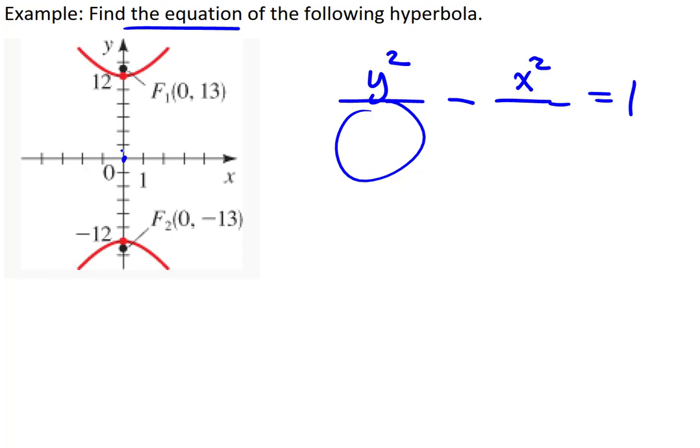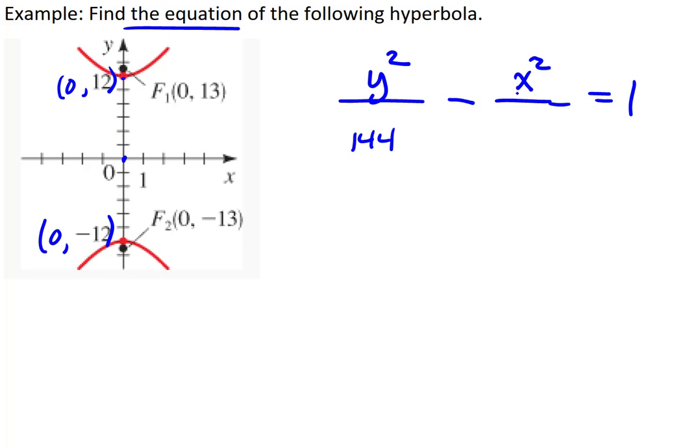Well, the vertices are labeled as the points 0, 12 and 0, -12. And so if I square that number 12, that means 144 would be the number underneath the y variable. That's the transverse axis. And so that's the square of that number, the distance from the center to those vertices.